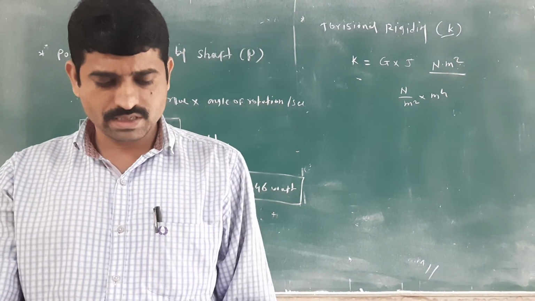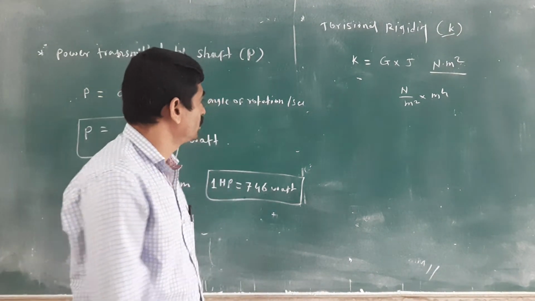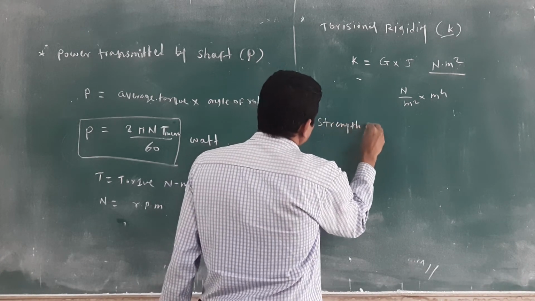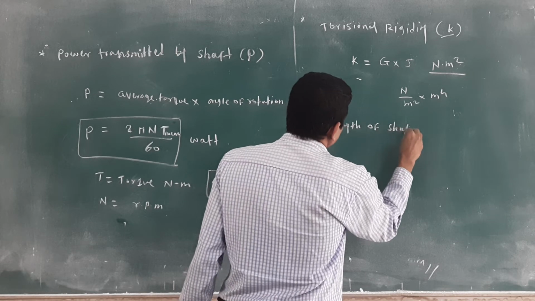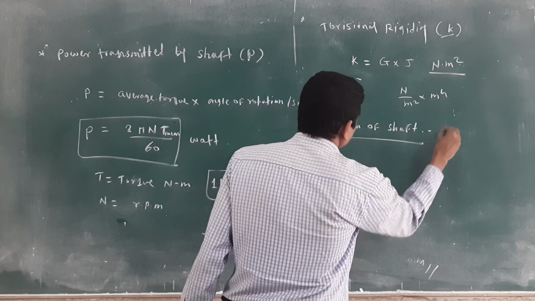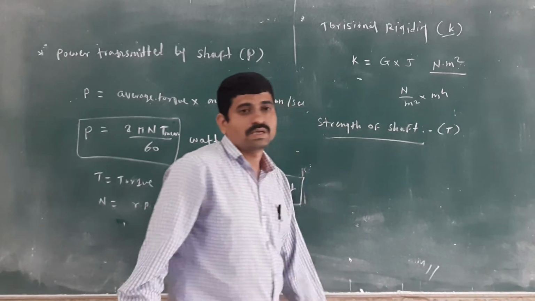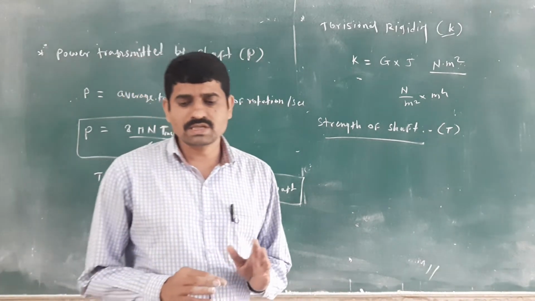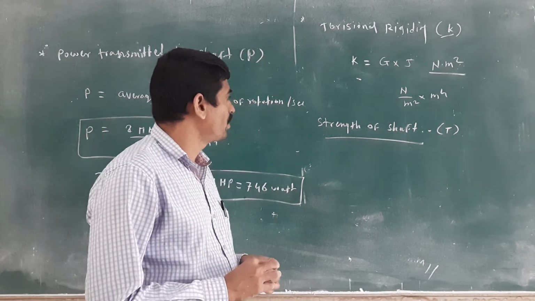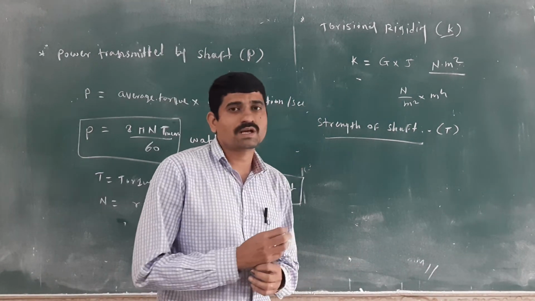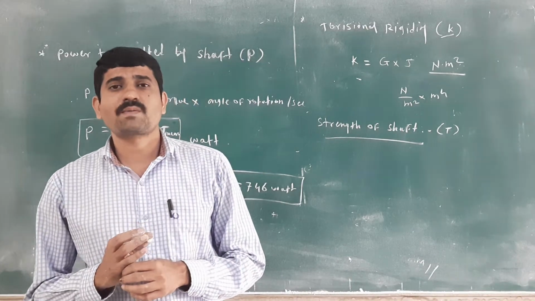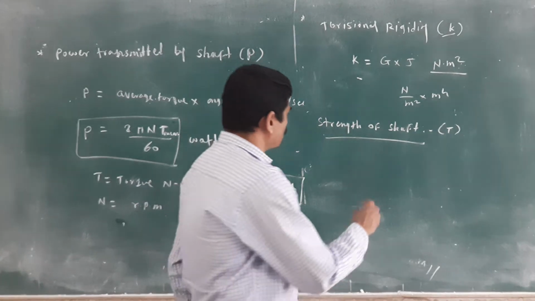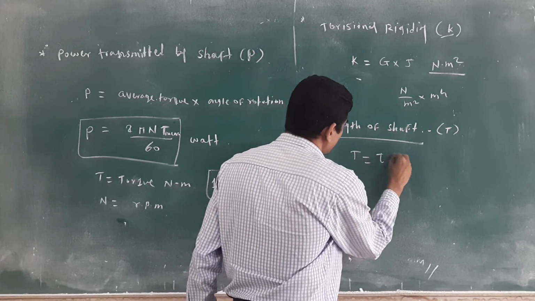Then next we will see the strength of the shaft. How to calculate the strength of the shaft? Strength of the shaft is denoted by T. It is the ability of the shaft to resist the action of the twisting moment. Hence T is equal to tau into ZP.